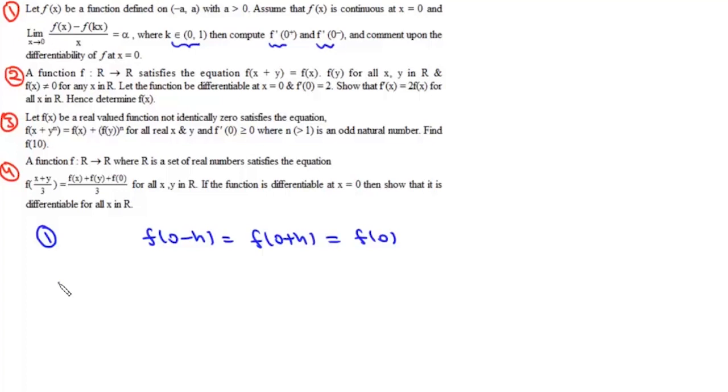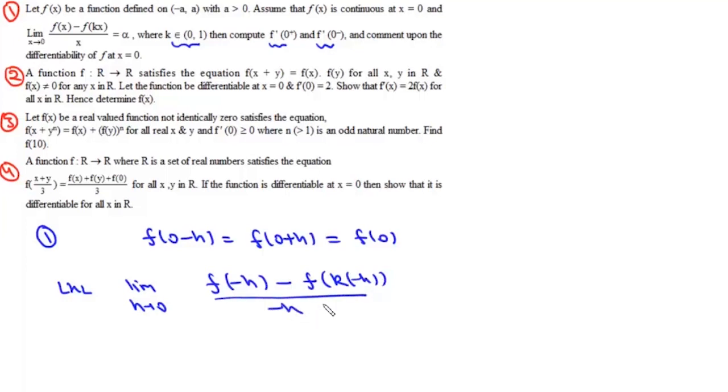Now if we take its left hand limit, it will be the limit h tends to 0 of f(minus h) minus f(k into minus h) upon minus h, and this value will be alpha. Now what we'll do is we'll subtract f(0) and we'll add f(0).